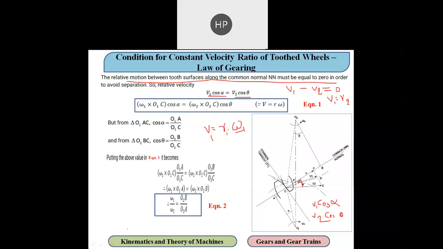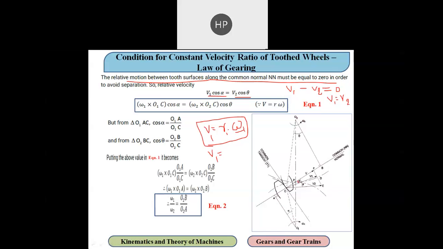Now we do not know the values of V1 and V2, so we will put the values in by simplifying the equation. How can we get it? For getting the value of V1 and V2, the equation we have is V equal to R omega. So V1 is equal to R1 omega 1. Now what is R1? R1 means the radius of gear number 1.